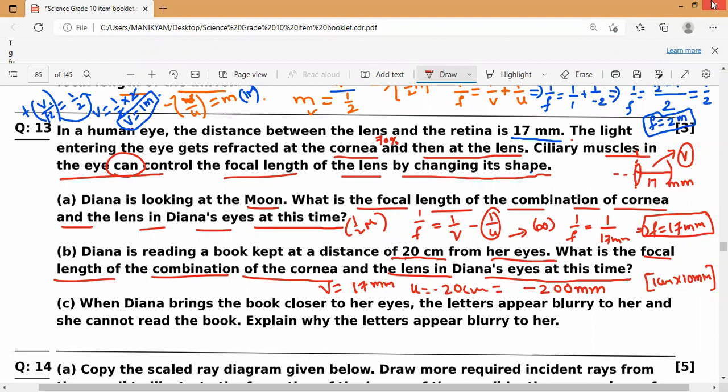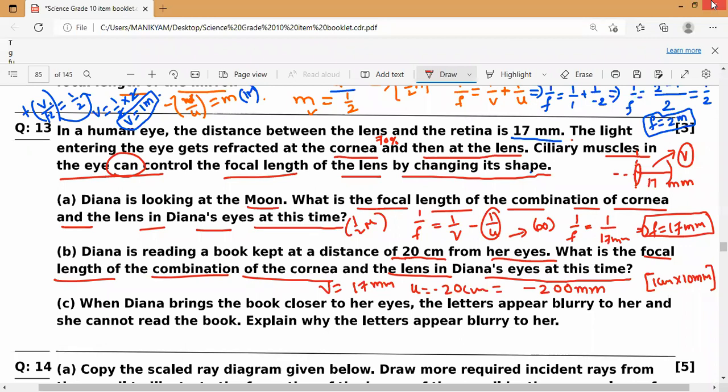So now it will come 1 by 17 minus 1 by 200. Let me take 200 as the LCM. You cannot take 200 as the LCM; you can take 17 into 200 multiplied. So do it, everybody. 15.6 only is coming.